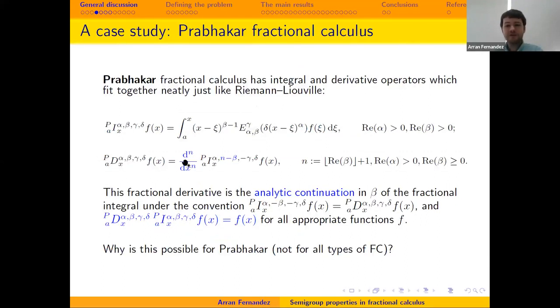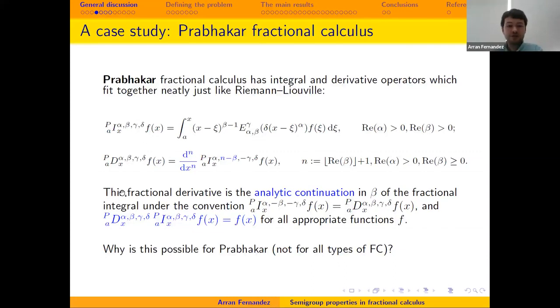The Prabhakar derivative is defined as the repeated derivative of the Prabhakar integral, similar to what we did with Riemann-Liouville, nth derivative, n minus beta, but we also have a minus gamma. Notice this, we are changing the parameter beta to n minus beta, but we also change gamma to minus gamma. What is the reason for this?